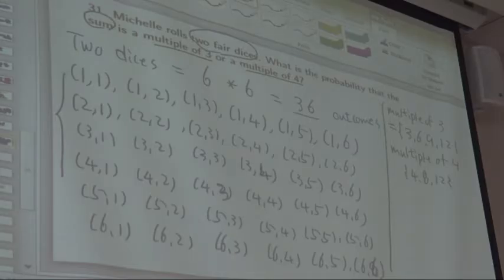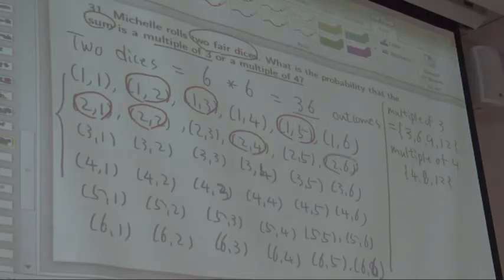So let's choose which one is a multiple of 3. So we are doing the sum. We got a 3, 4, 5, 6, 7, 8, and 4, 6, and 8, 9, and 6.